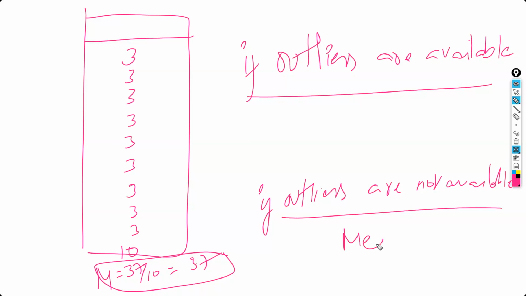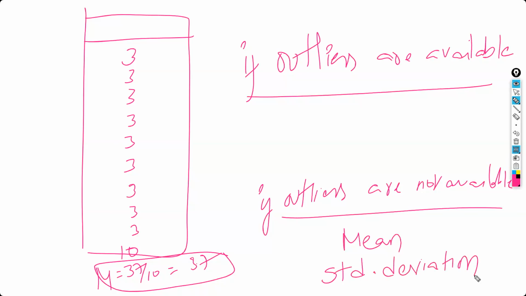Mean only. If outliers are not available, mean only, good one, mean. And which is the best measure of dispersion or measure of spread? That is nothing but standard deviation. These are the two best measures.